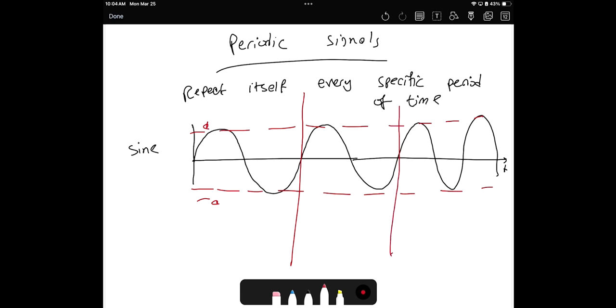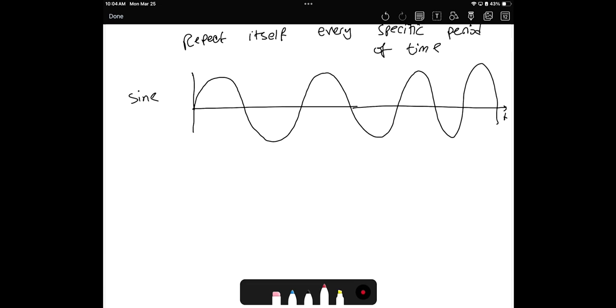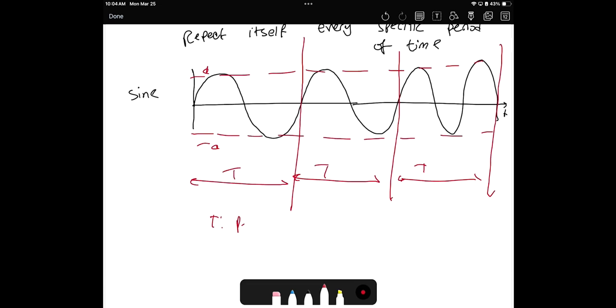That period of time must be constant. It is a must. So we say that from here to here is T, here to here is T, here to here is T, such that T is called the period. That's why it's called periodic, because it repeats itself every period, which is T.